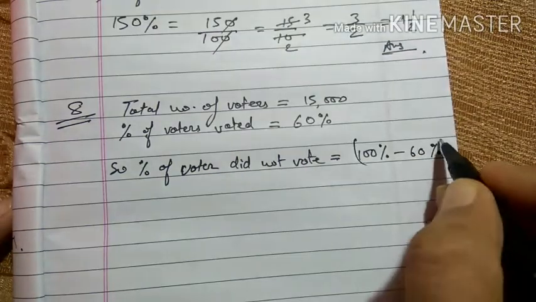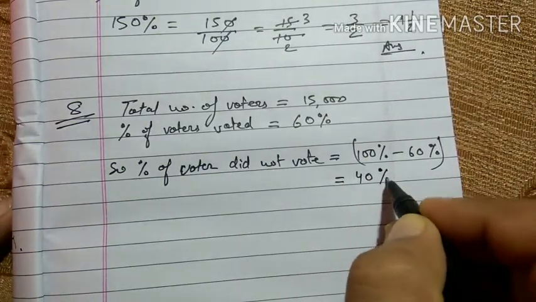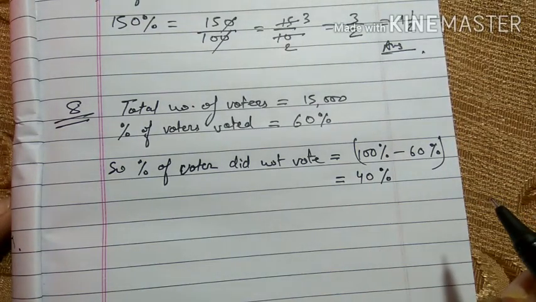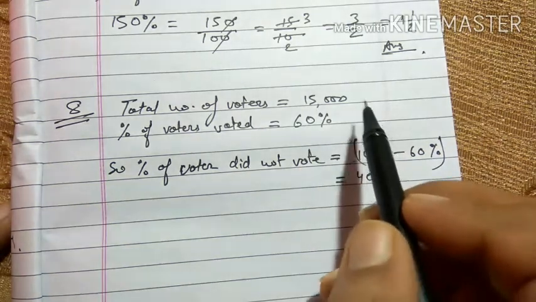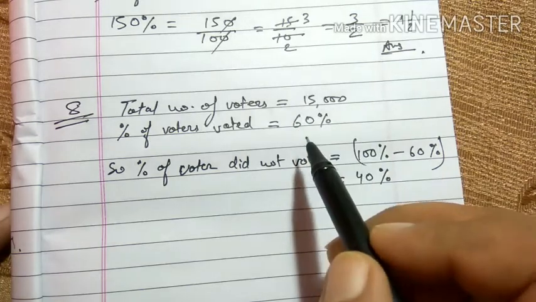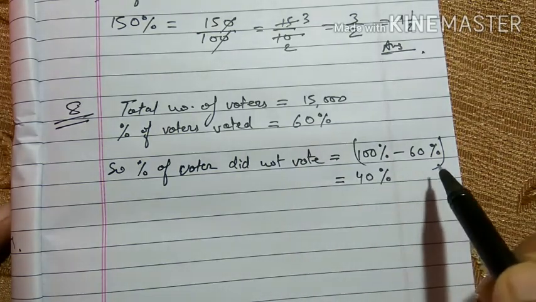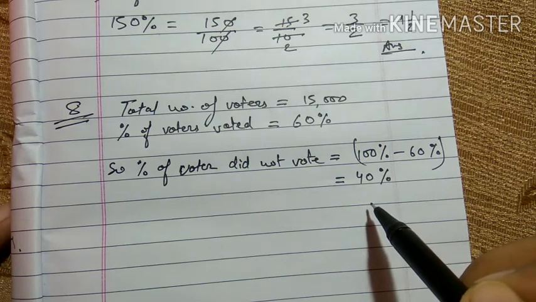So that will be equal to 40% of voters who did not vote. If total voters voted, it must be 100%, but out of 100% only 60% voted, so the rest did not vote. So 100 minus 60, that will be 40%, right?